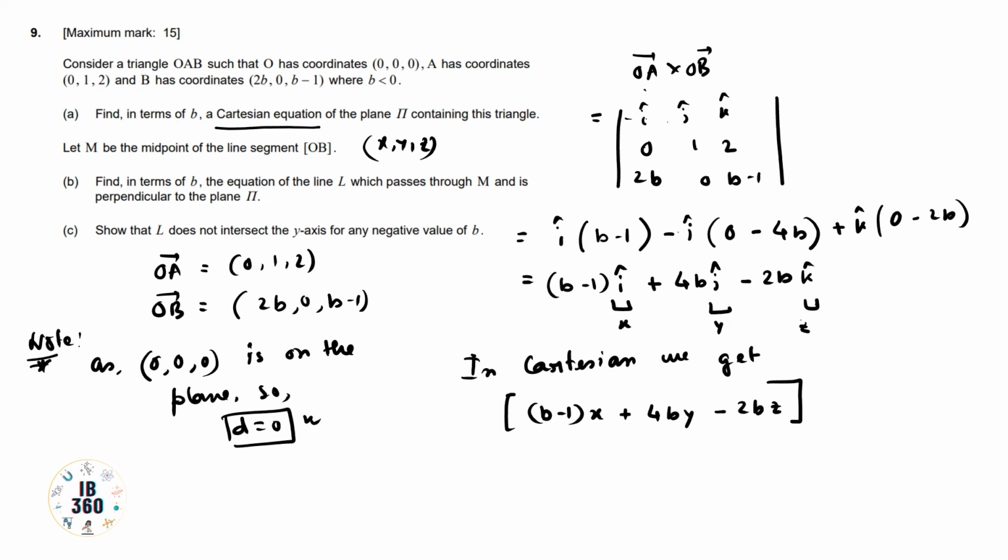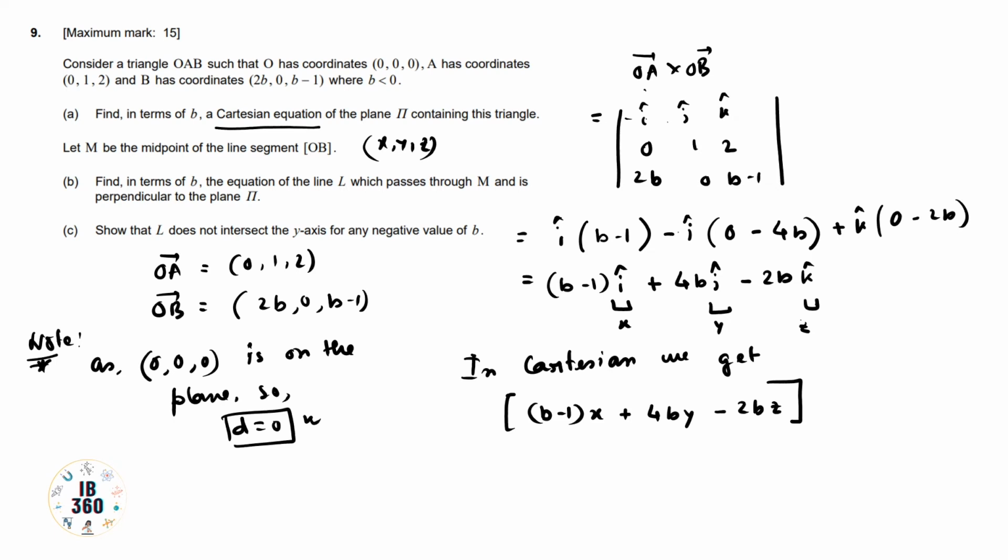That's why the equation doesn't contain any constant term that a plane requires. At this moment, as the origin is on the plane, the d term vanishes.